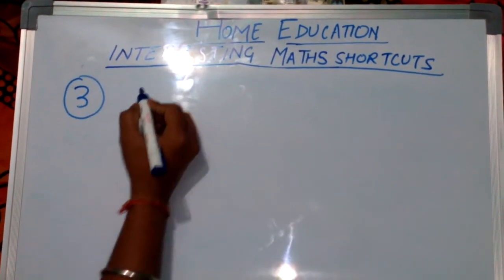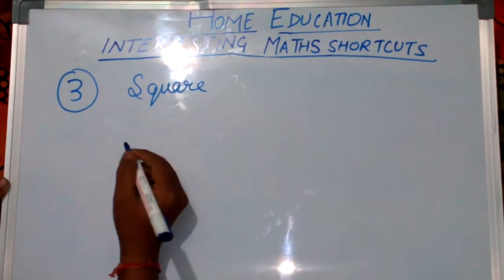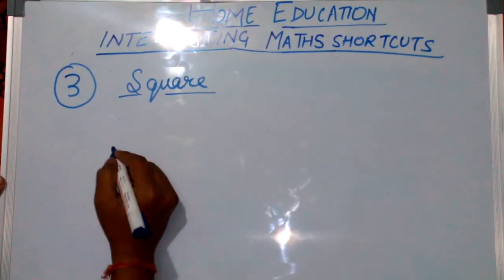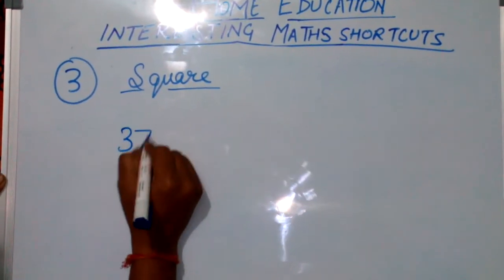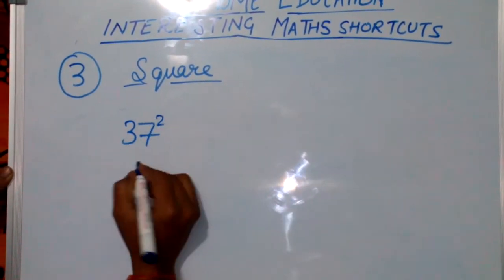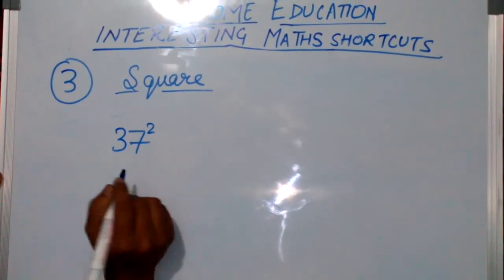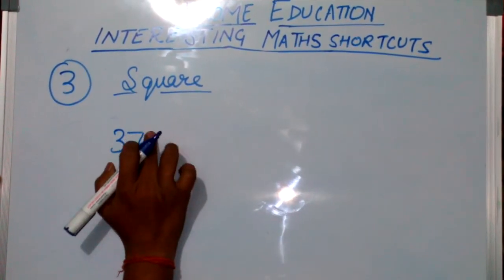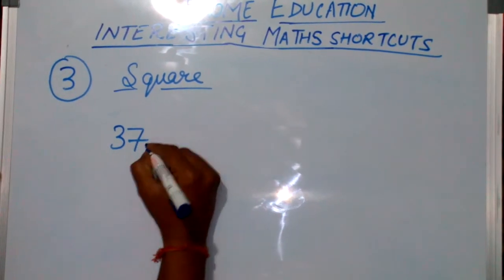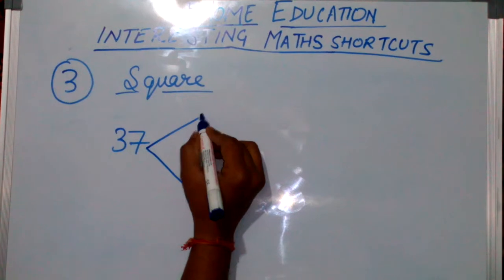Moving on to our third shortcut, that is the square of any number. Let's say you have to calculate the square of 37. You can multiply 37 into 37 and solve it by the IXI rule, but that will also take much time. For this, the shortcut is you take the number's nearest multiple of 10.